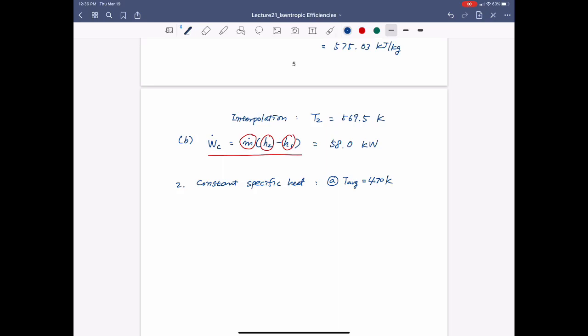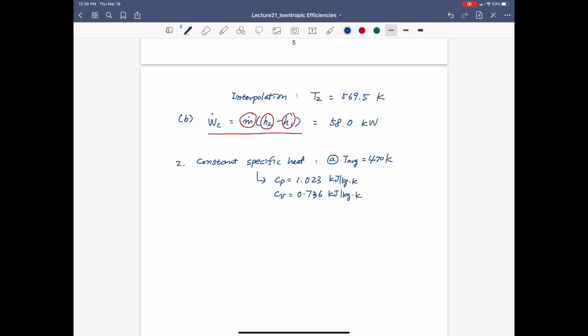Then I gave you the constant Cp value, 1.023 kilojoule per kilogram Kelvin, and constant Cv at 0.73736 kilojoule per kilogram Kelvin.